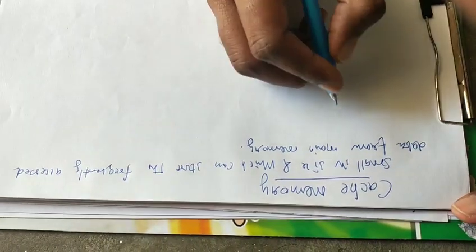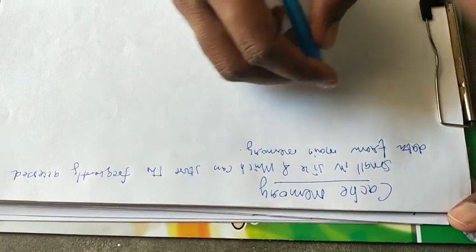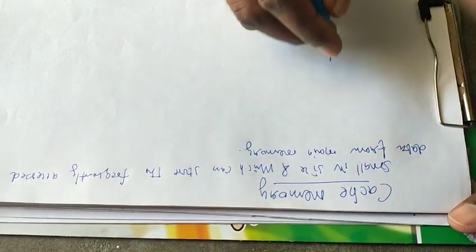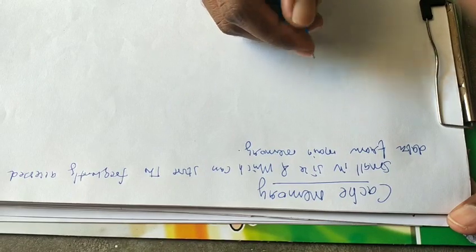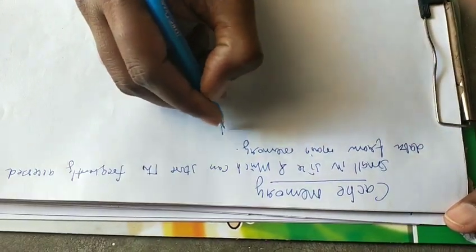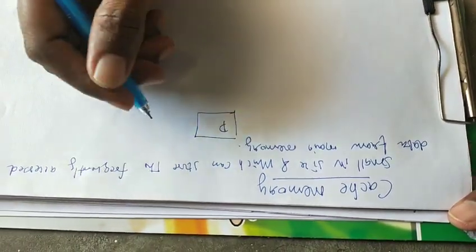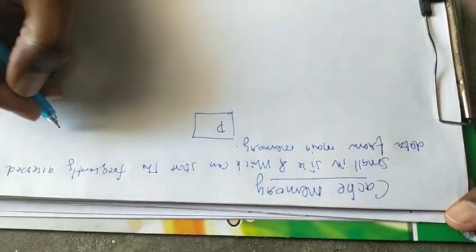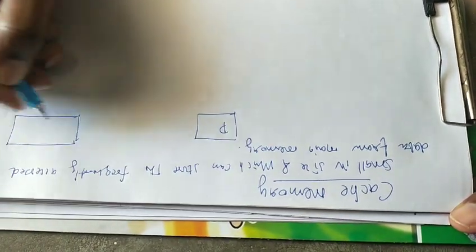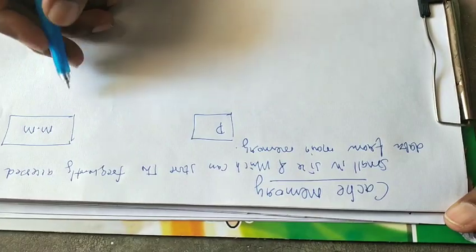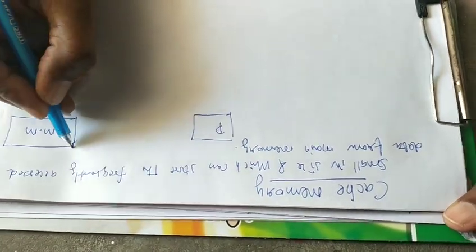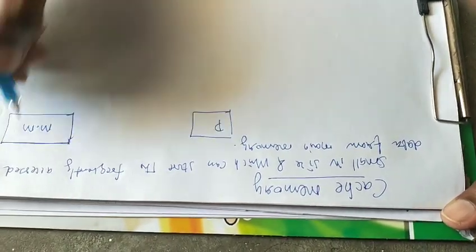Before entering the topic in detail, we should know how the processor executes instructions from main memory. We have the processor, and this is our main memory. Main memory is already filled with stored instructions.